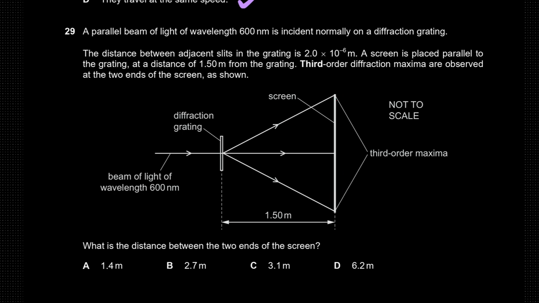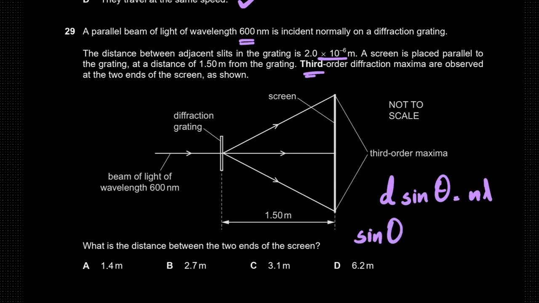Alright, let's see what we can do here. So we know lambda, we know d, and according to the diffraction grating equation, I can find out theta as well because I also know n, right? So let's do that first.